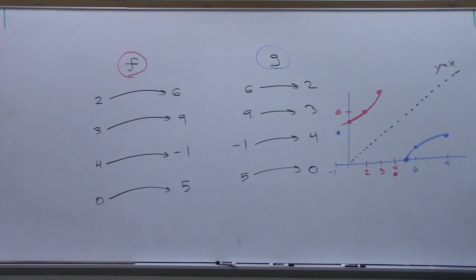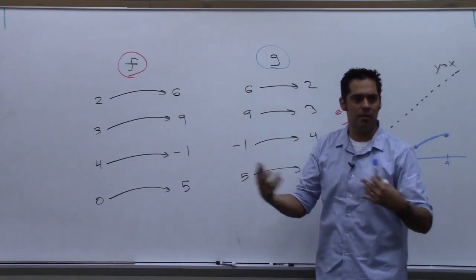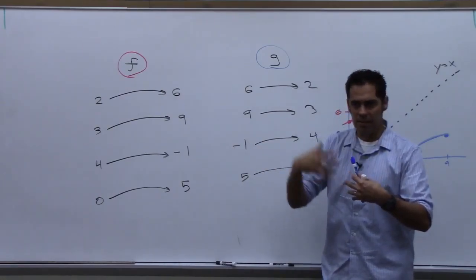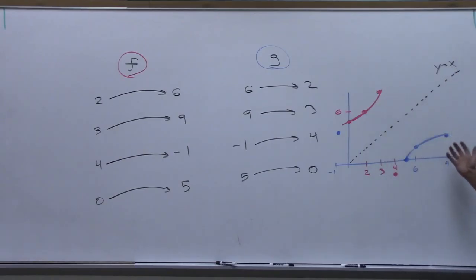You can kind of see that these are looking like mirror images of each other. Whenever you have a function that undoes another function, they're called inverses. That's next class. Geometrically, they will have to be mirror images of each other over this diagonal line.